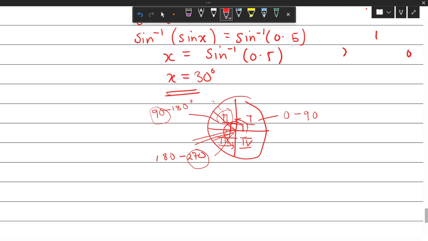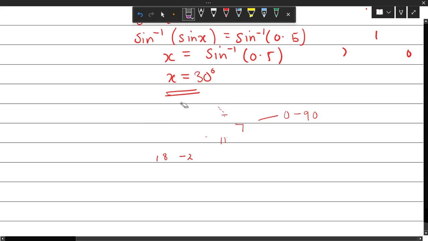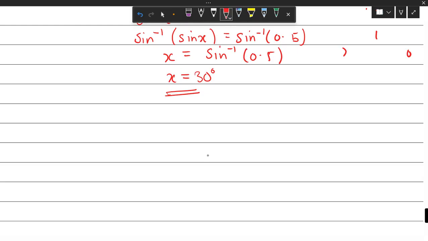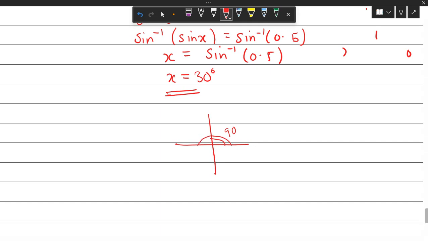Yeah, so how can we get it now? How do we know? I've just shown you how you know the quadrant on which you can find the angle. Okay, so let me just draw something. So you have the quadrants, see? This is 90 degrees. This is 180 degrees.